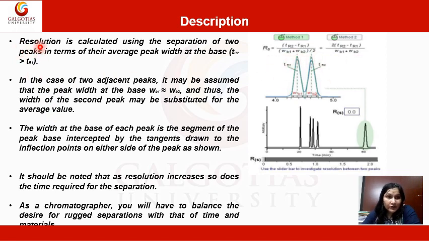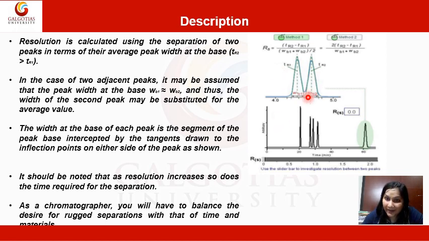The resolution is calculated using the separation of two peaks in terms of their average peak width at the base, where Tr2 is greater than Tr1. Tr2 is the retention time of compound 2 and Tr1 is the retention time of compound 1. I have already shown you in an animation, on the x-axis we generally take the time. Suppose we are running an HPLC column and we get two peaks.